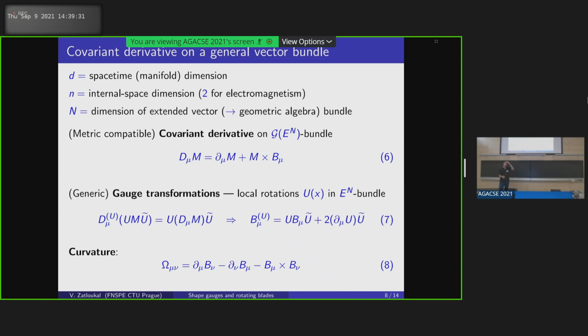So this is the transformation rule for the connection, and the connection coefficients transform in this funny way. In general, the curvature is given by formula 8. If we don't assume anything about the connection coefficients, we will have this general formula. Again, it comes from the commutator of covariant derivatives.